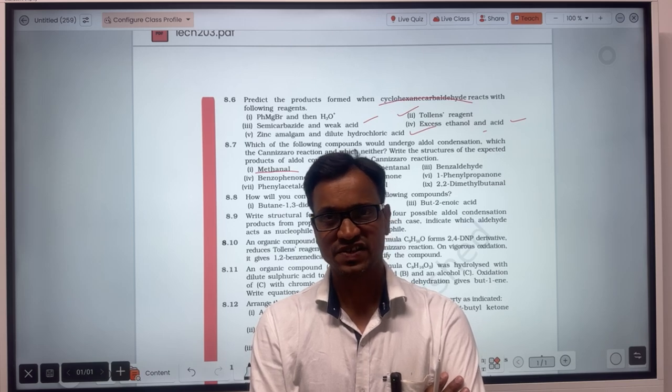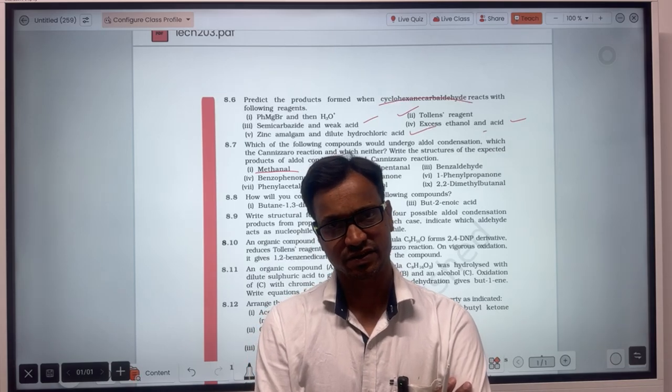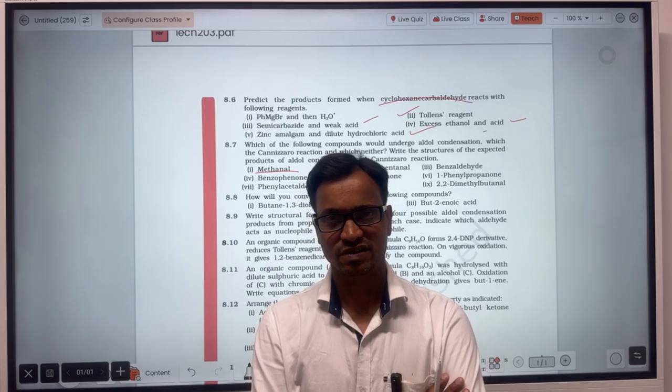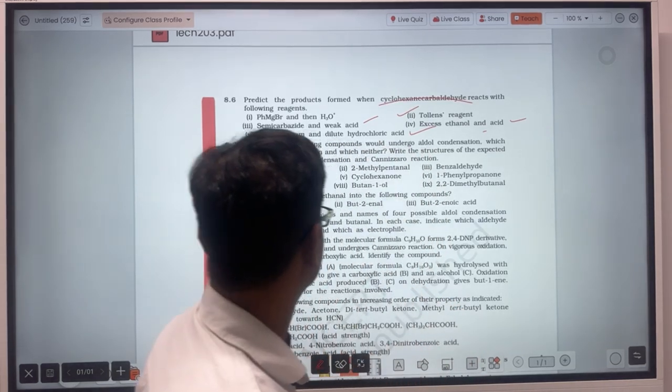The compound which has alpha hydrogen will undergo aldol condensation, and the aldehyde which does not contain alpha hydrogen will undergo the Cannizzaro reaction. As an example, I am telling 1, 2, 3.